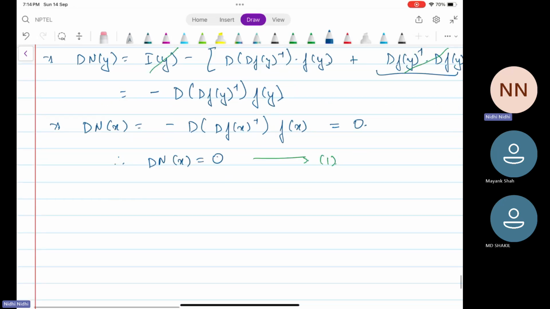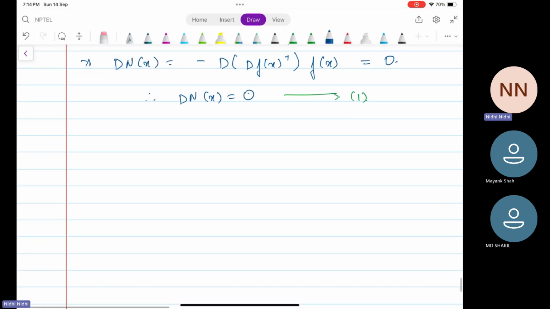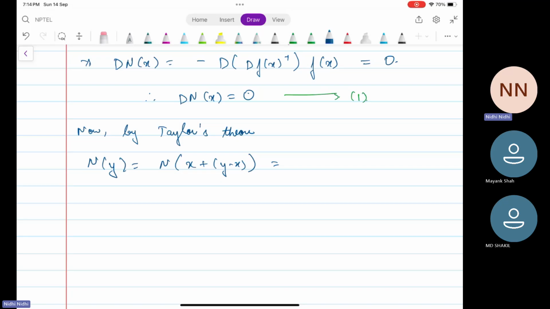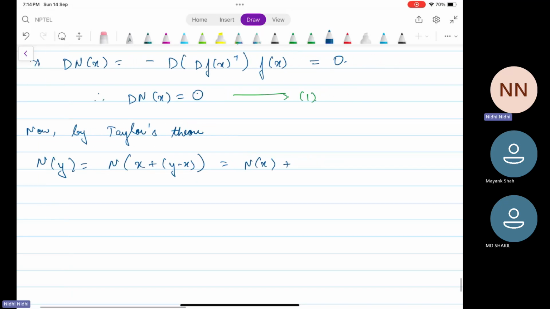Now by Taylor's expansion for C2 functions, by Taylor's theorem, N(y), that is N(x plus y minus x), is equal to N(x) plus DN(x) at y minus x plus some remainder term.